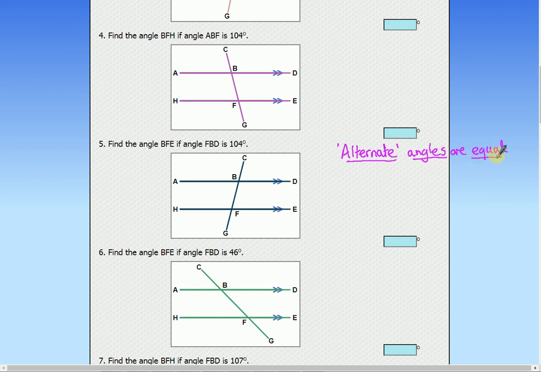Need all that phrase. So we've been given the angle FBD, F to B to D. We want to go between them. That's the angle they're talking about. They've said that's 104 degrees. And the way we went about it and pressed was we said corresponding angles.